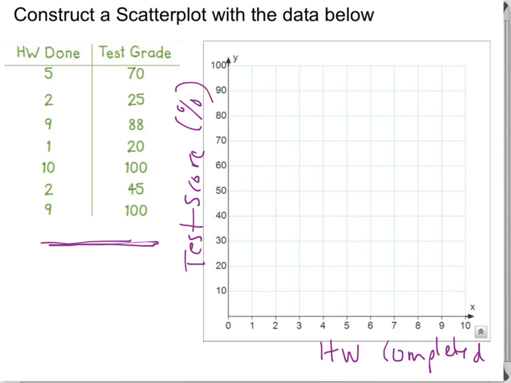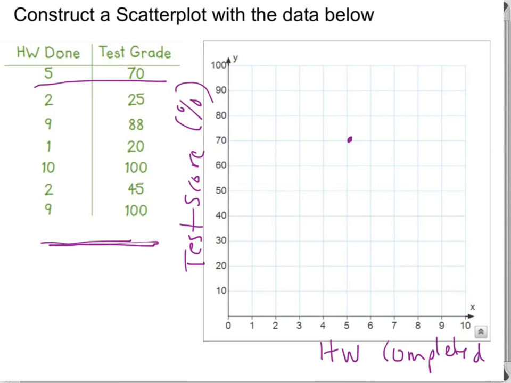These test scores happen to be in percents. I'm going to graph the point (5, 70). That means the person who completed 5 homework assignments got a test score of 70.